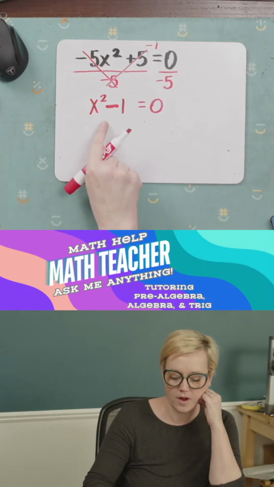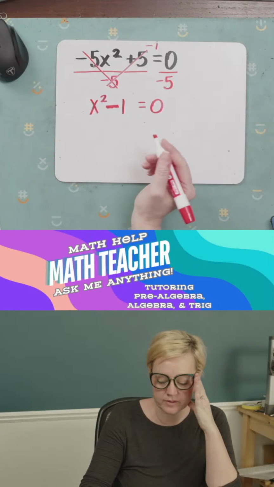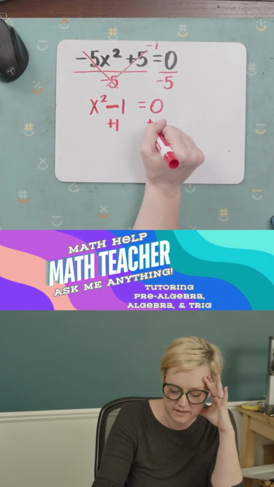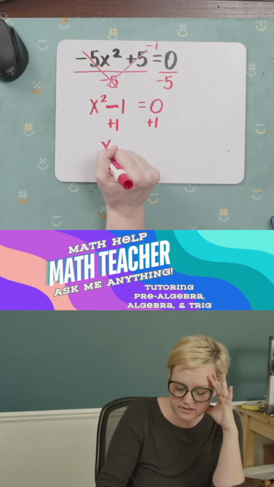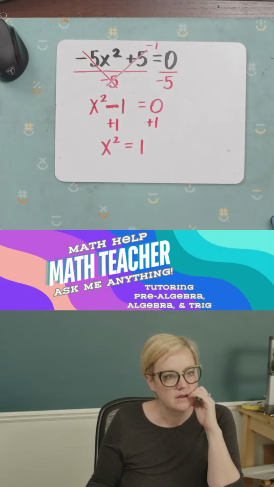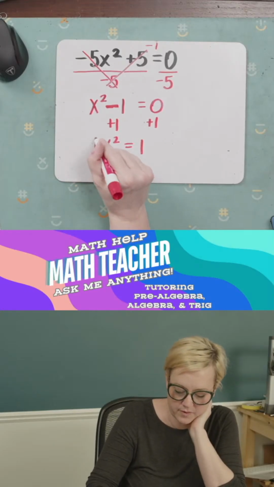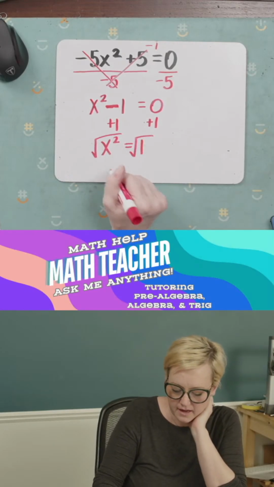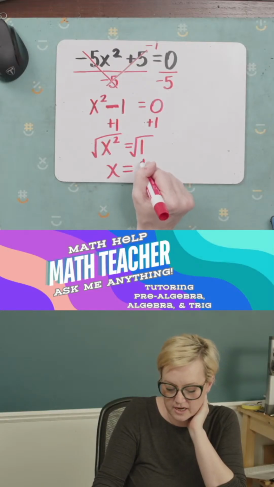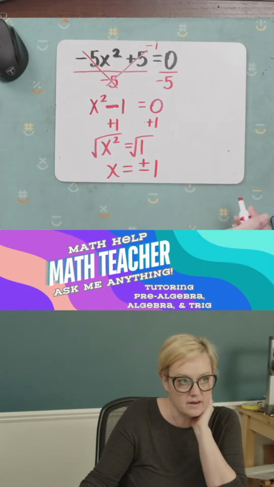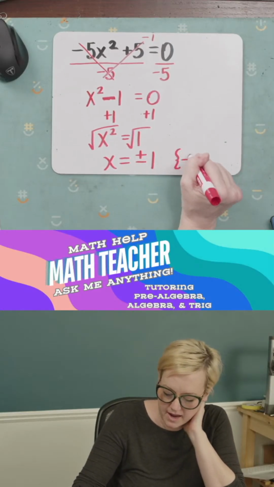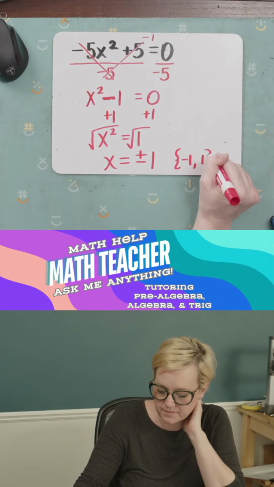What I can also do is solve this by adding 1 to both sides, and then I've got x squared equals 1. Then I can take the square root of both sides, and I get that x equals plus or minus the square root of 1, which is 1. So my solutions are -1 and +1.